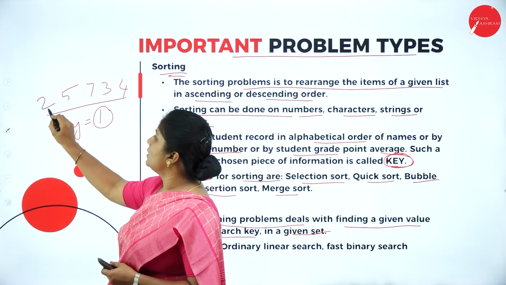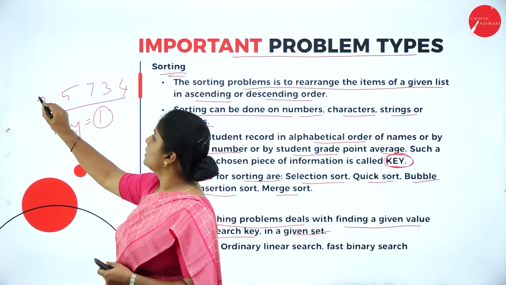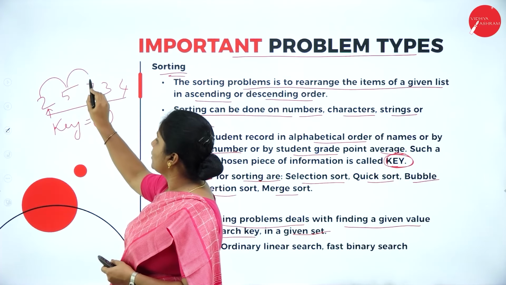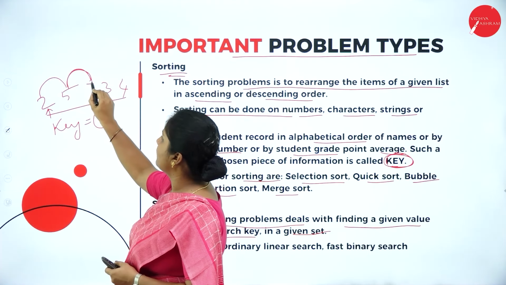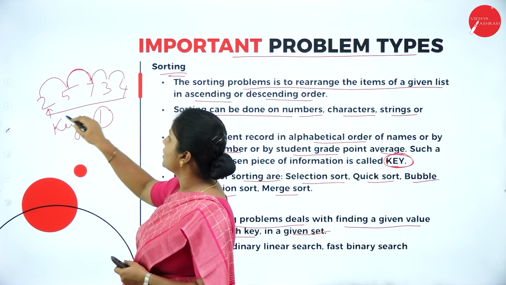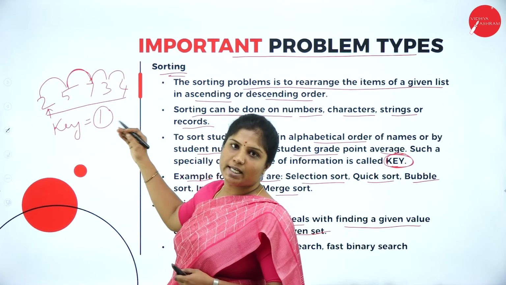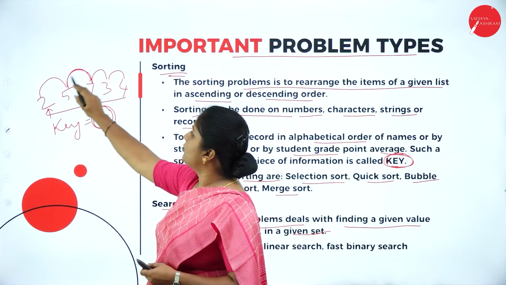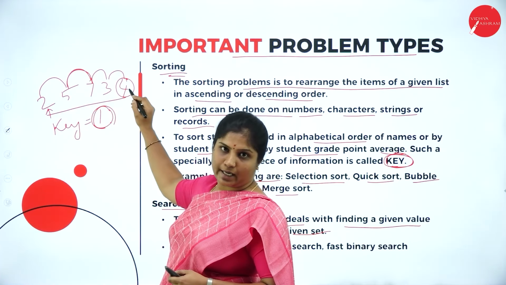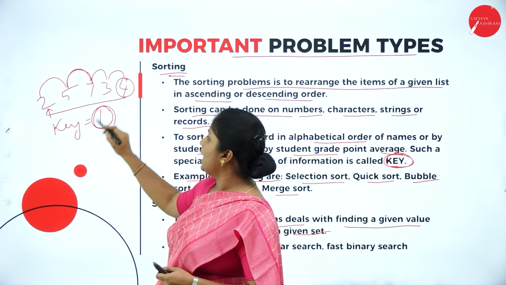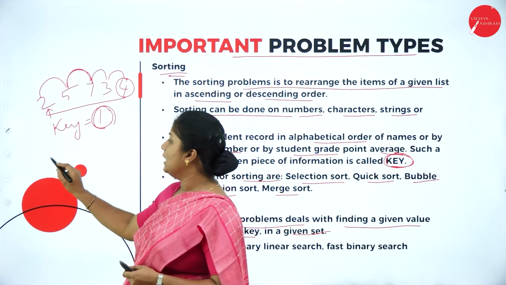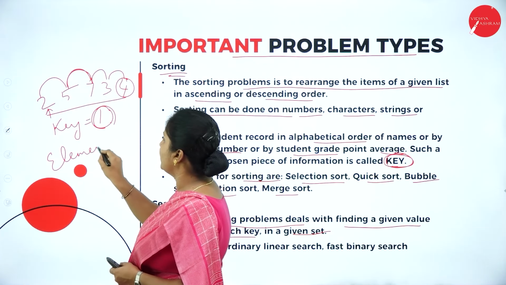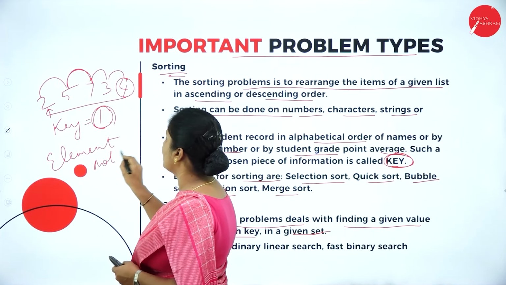It searches the first element, then moves to the next element 5, then 7, then 3, then 4. One by one, sequentially it searches. If 1 is not present, after the end of the array, the last element, it gives the output: element not found.